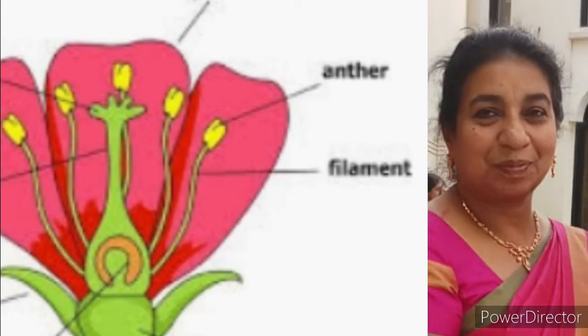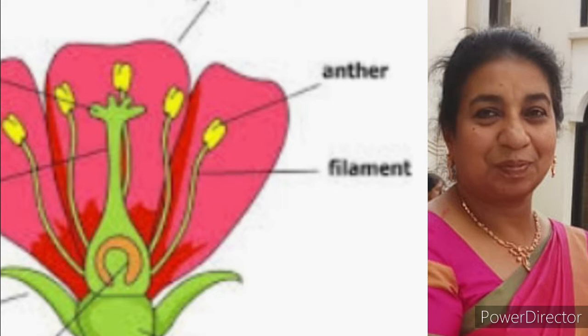Again, we have discussed the structure of the androecium, the male reproductive part of a flower, composed of units called stamens. What is a stamen?